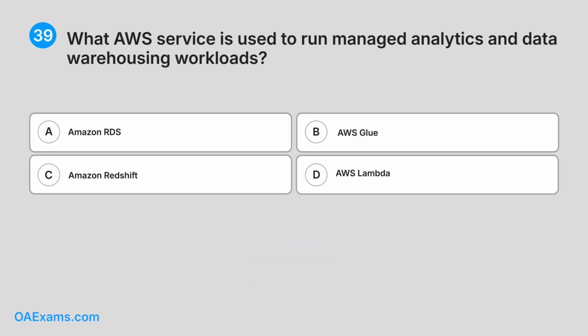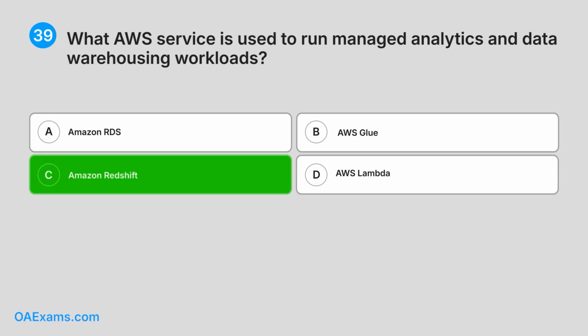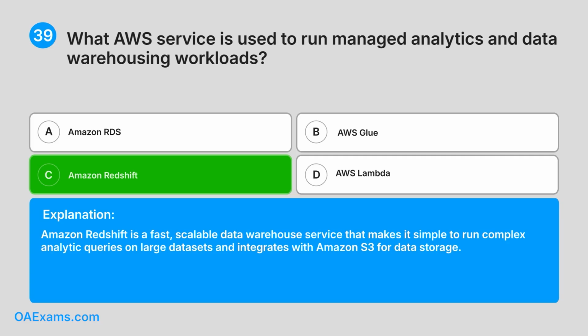Correct. Answer C. Explanation: Amazon Redshift is a fast, scalable data warehouse service that makes it simple to run complex analytic queries on large datasets and integrates with Amazon S3 for data storage.